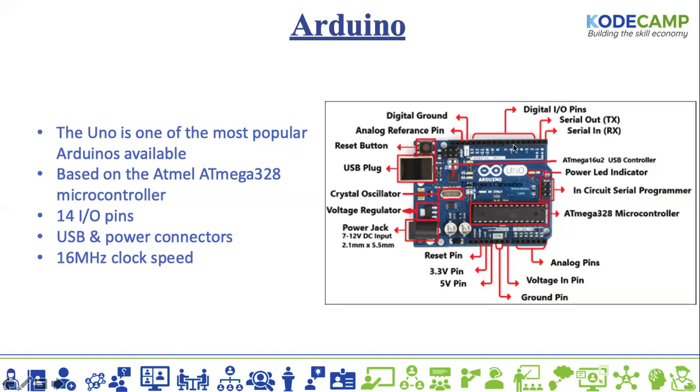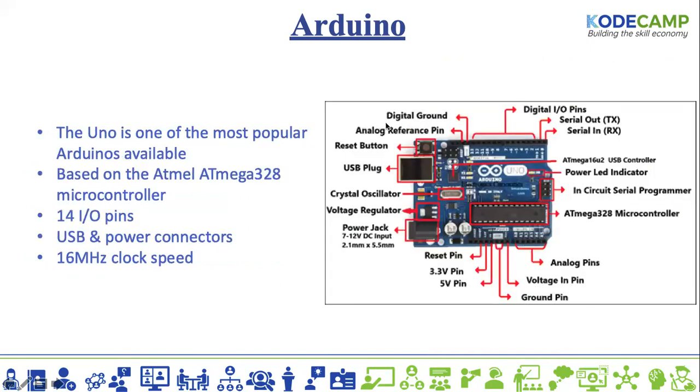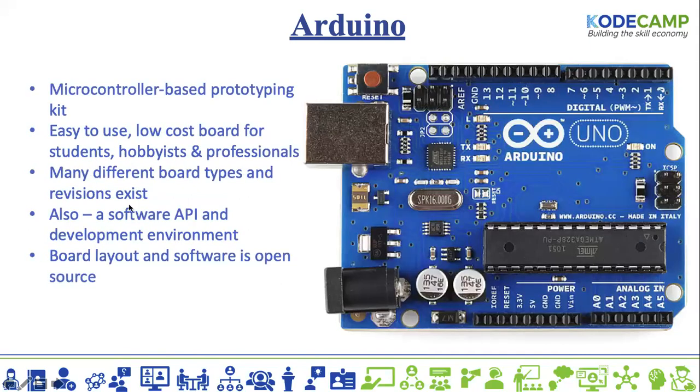That's why I call them GPIO pins. Going back to this other slide, this is clearer. You see, it starts from 0 down to 13. From 0 to 13 makes it 14.